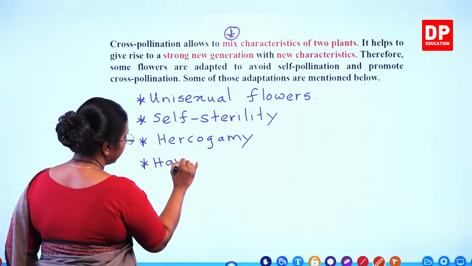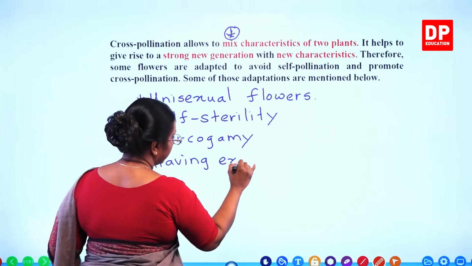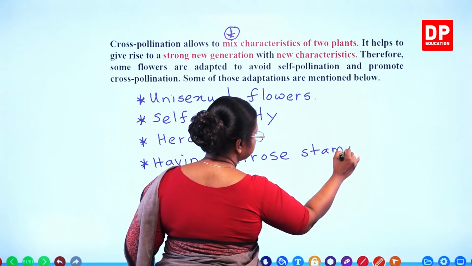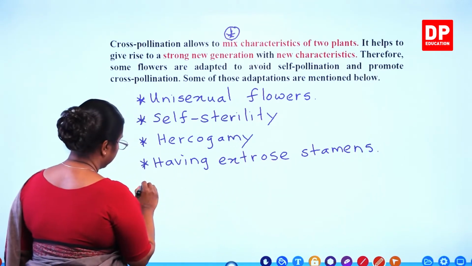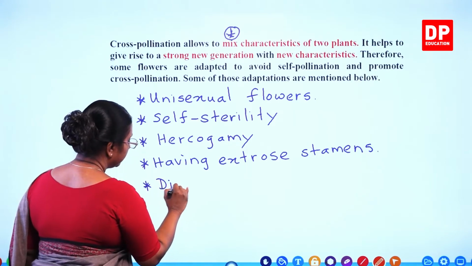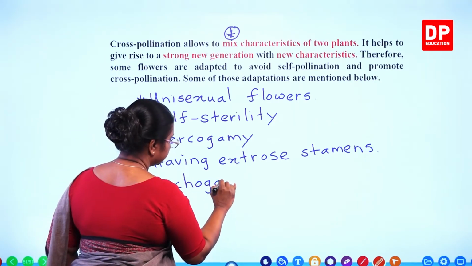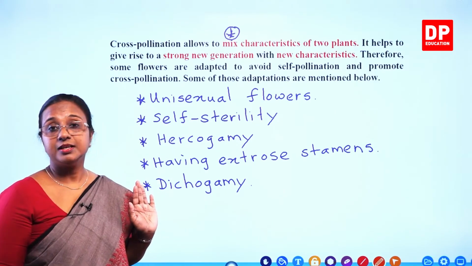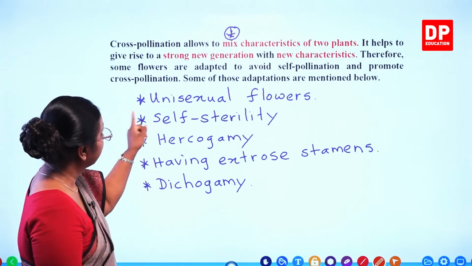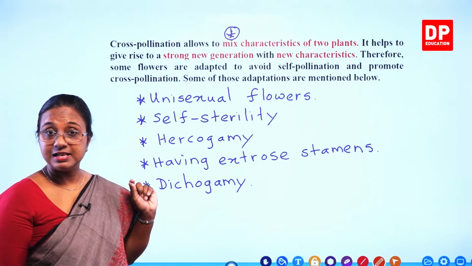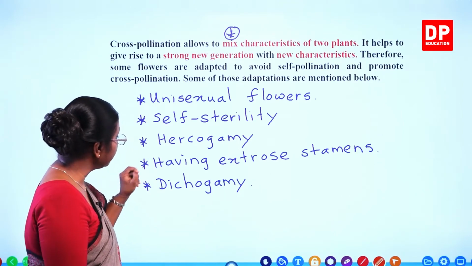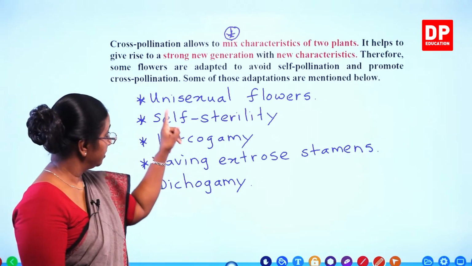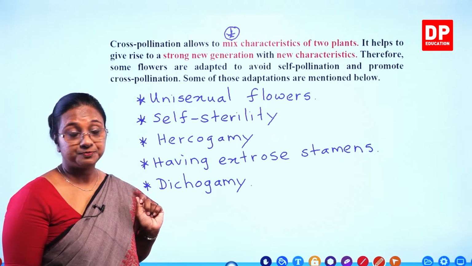Having extrorse stamens, and there is dichogamy. So those are different adaptations shown by plants. They can be unisexual flowers, there can be self-sterility, hercogamy, having extrorse stamens, and dichogamy. I will discuss all these adaptations one by one.